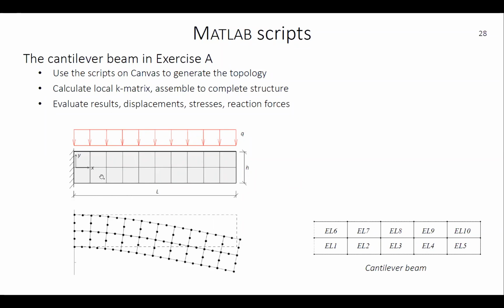This is element 1, 2, 3, and etc. until it reaches the end, and then it starts on the second row. So here's element 10, element 11, 12, and so on. And the only input you need is the geometry and the number of elements in the two directions.